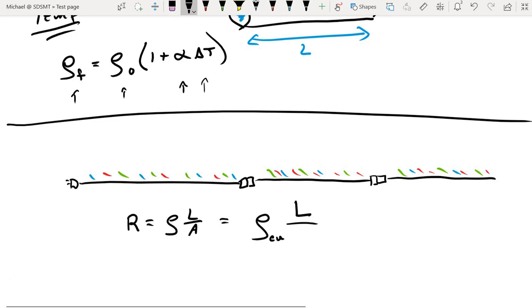And then you have the cross-sectional area of the wires to consider. If you've ever seen one of these strands of lights and you've maybe cut the wire, or you've seen the wire frayed, then you know that it has an extremely small cross-sectional area. We're talking like a fraction of a square millimeter. So these cross-sectional areas are extremely small.